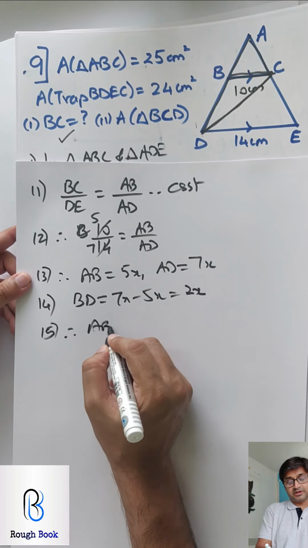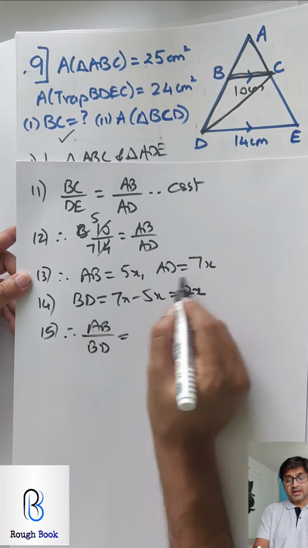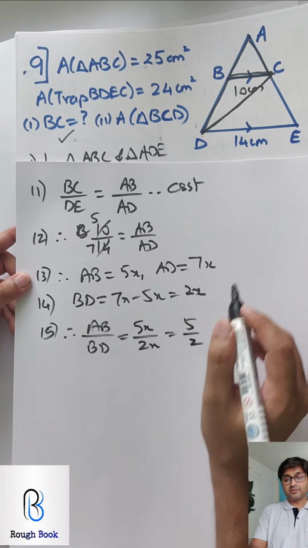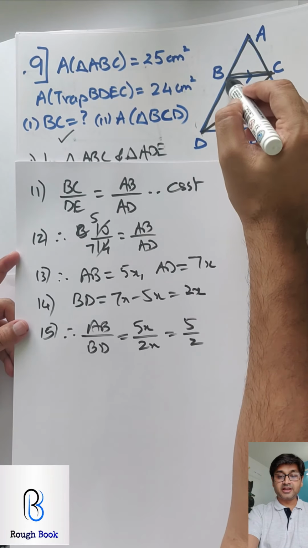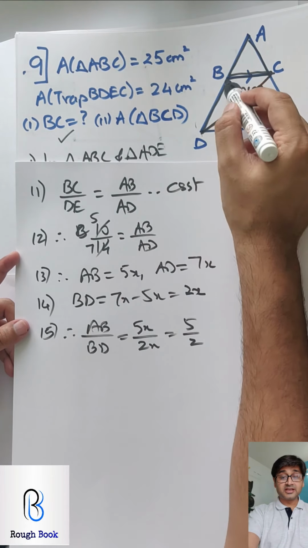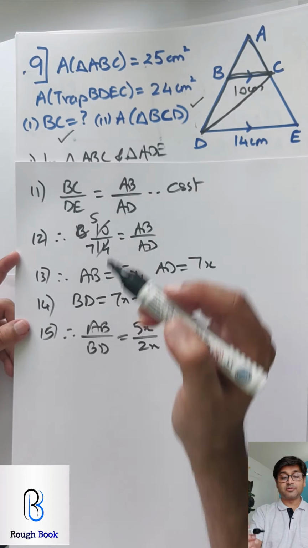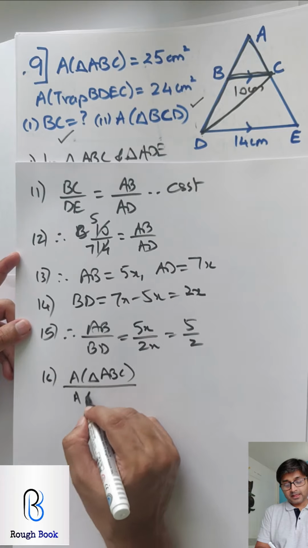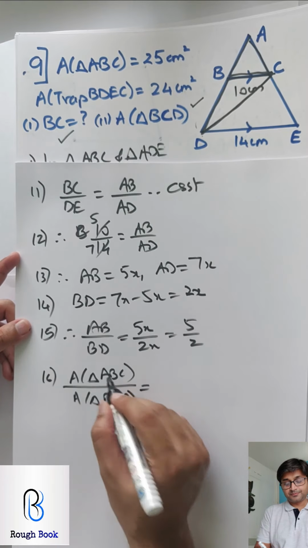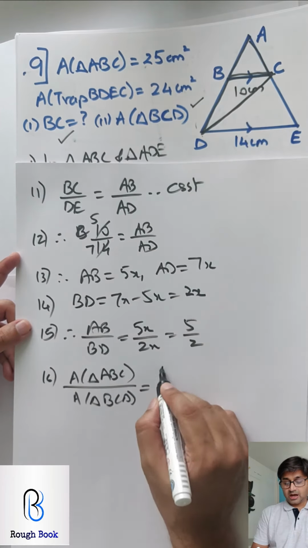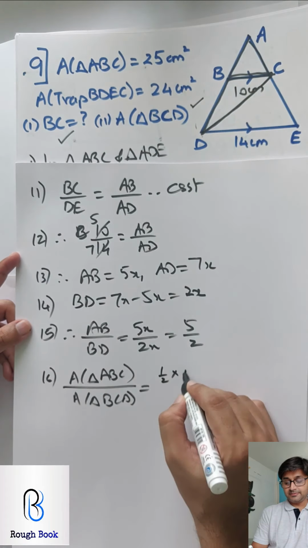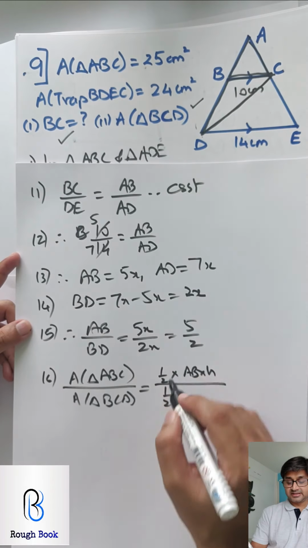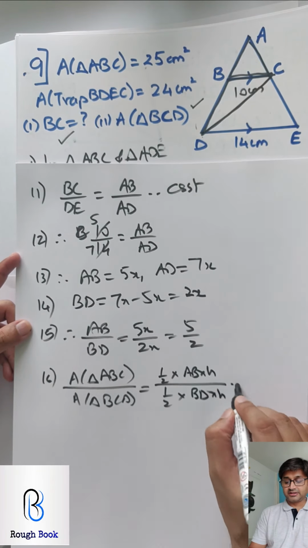So finally AB upon BD, AB is 5x and BD is 2x. So 5 upon 2. So I managed to get AB upon BD. Now using this AB upon BD and common vertex, I am going to get BCD. So I'll say area of triangle ABC upon area of triangle BCD. So ABC, half, base is AB, height is unknown, half, BCD, base is BD, and height is unknown.